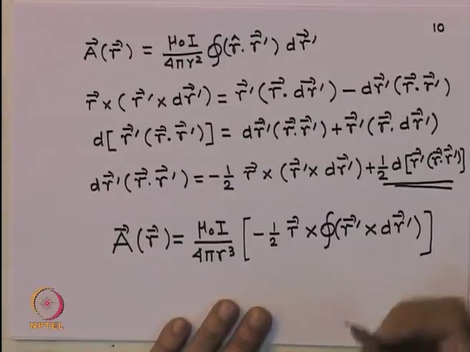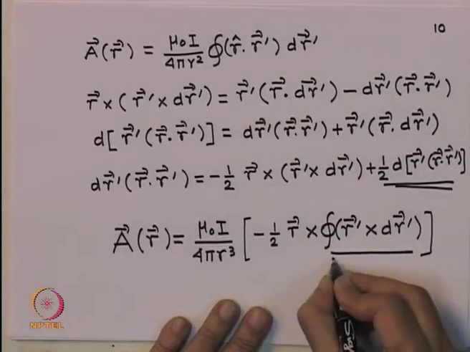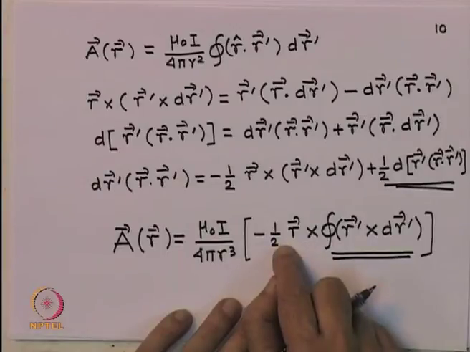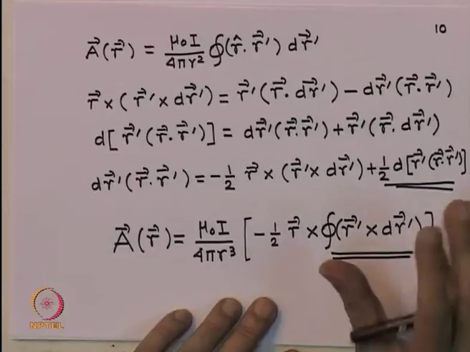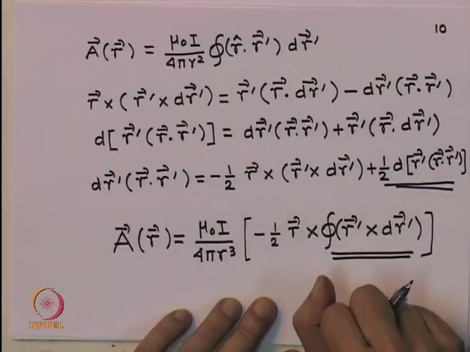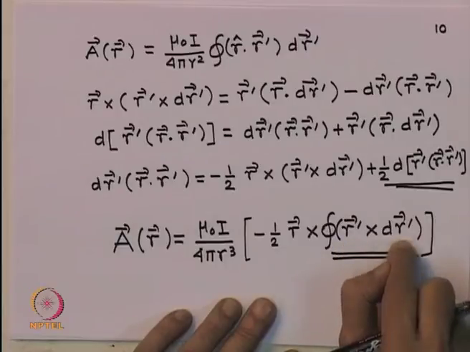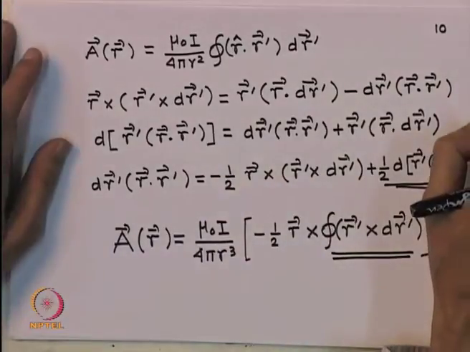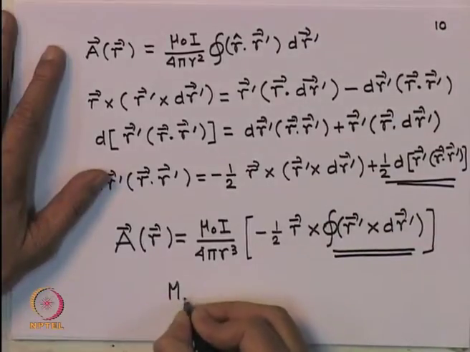So, this is an expression for the vector potential. But notice what this is. This quantity here, along with the factor half, is nothing but an area. It is the area of the circular loop. Now, if this is the area of the circular loop, that multiplied with the current, in the direction of that vector area, is what we define as the magnetic dipole moment.